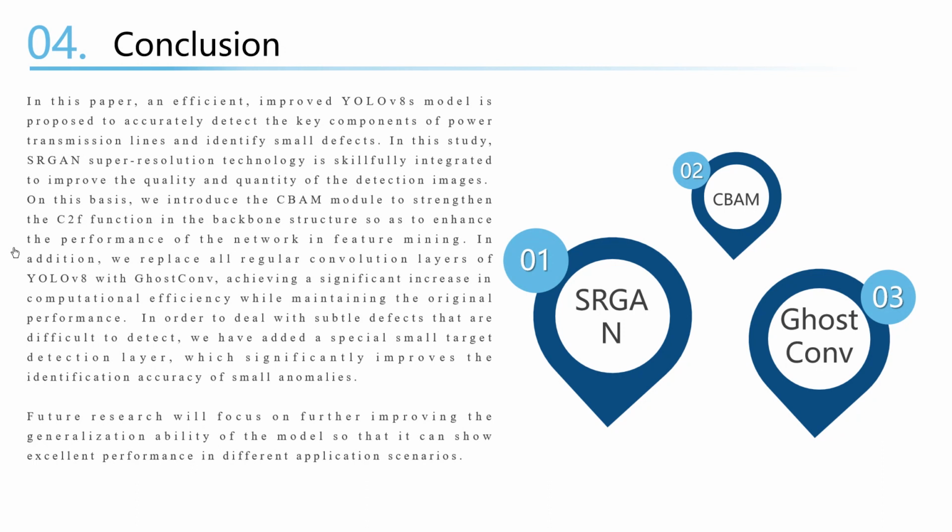In order to deal with subtle defects that are difficult to detect, we have added a special small target detection layer, which significantly improves the identification accuracy of small anomalies.